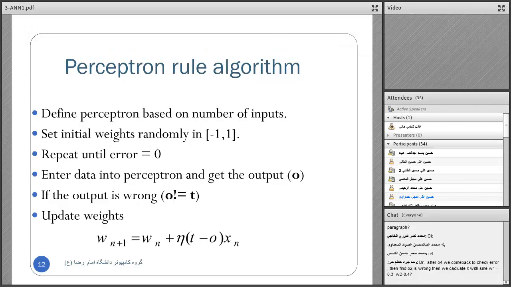Yes, I said that in this loop, after we update the weight, we calculate the error on all of the training data. Here in the example, we had 4 training data. We calculate the error. If the error is not 0, we have to continue.